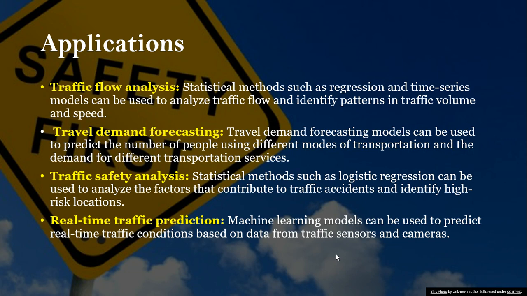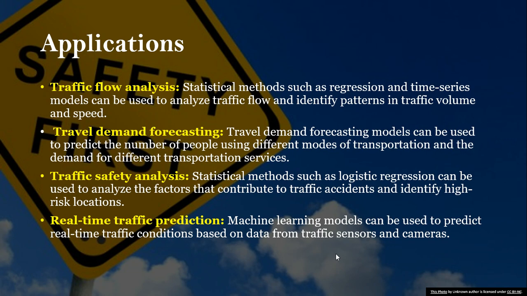Applications: traffic flow analysis. Statistical methods such as regression and time series models can be used to analyze traffic flow and identify patterns in traffic volume and speed. Travel demand forecasting.